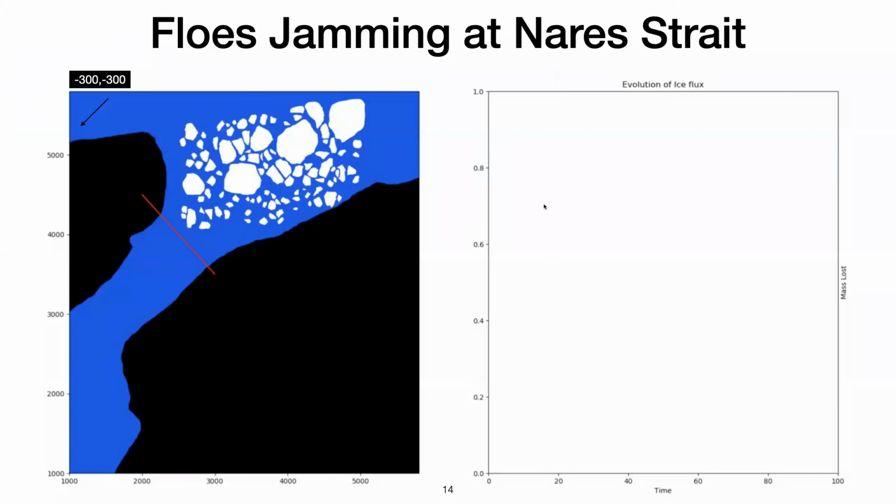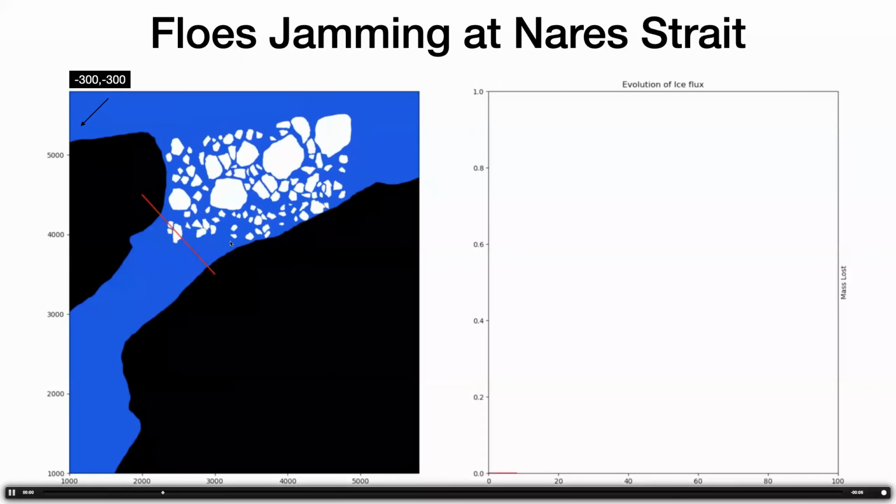So as you can see, here we have the boundary conditions of land and our sea ice, and what we're going to apply in this initial simulation is a homogeneous current in such a way that the sea ice can go through the strait. As a control of the presence of jamming or friction at the borders of the strait, we set up this imaginary line and measure the amount of mass that traverses over time.